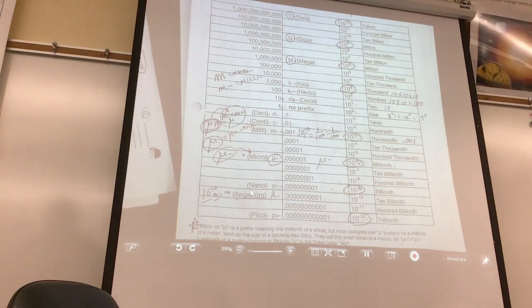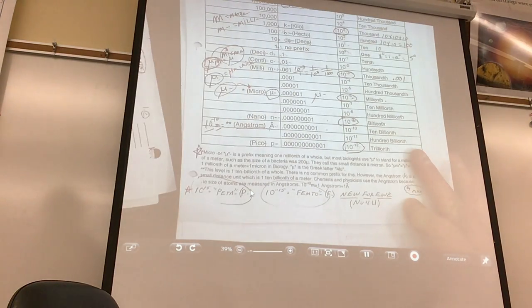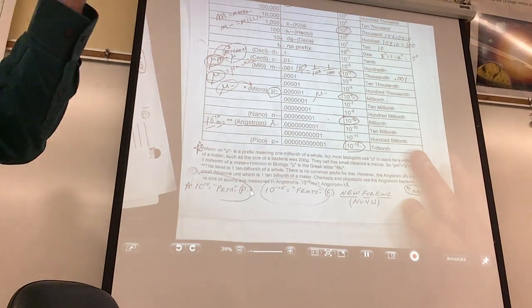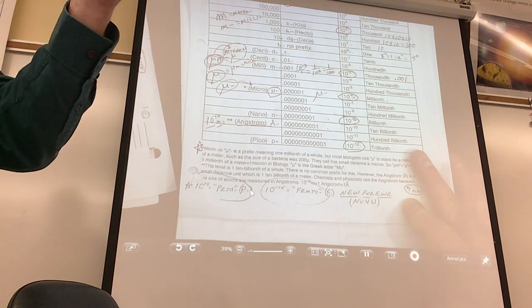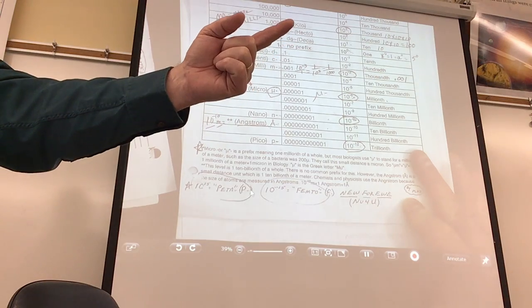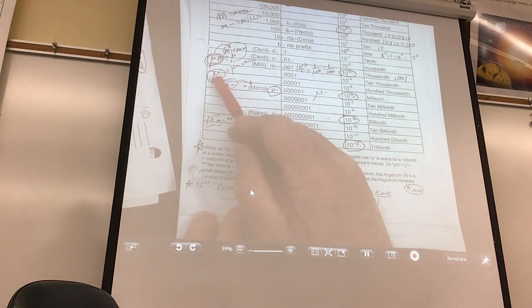All right. Also, on this first page, there were 2 things that were mentioned down here that were not prefixes. Remember that? What were they? A micron, which is a micrometer, right? And the symbol for micron is just a mu by itself.